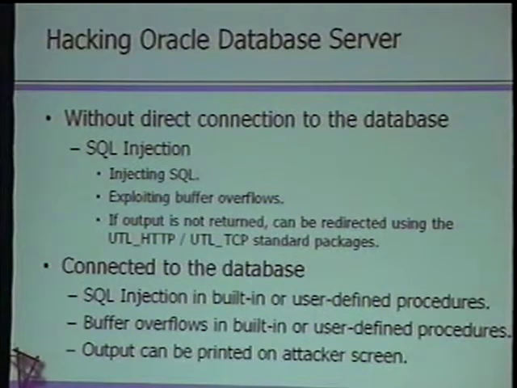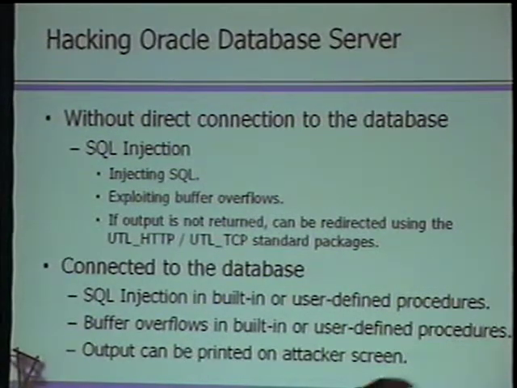Well, the ways in which an Oracle database server can be hacked can be divided into two groups: when the attacker is not connected directly to the database server, and when the attacker is connected to the database server as a normal user. If the attacker doesn't have a connection to the database server, for example, in the case of a web application user, the attacks that he can do are SQL injection attacks.